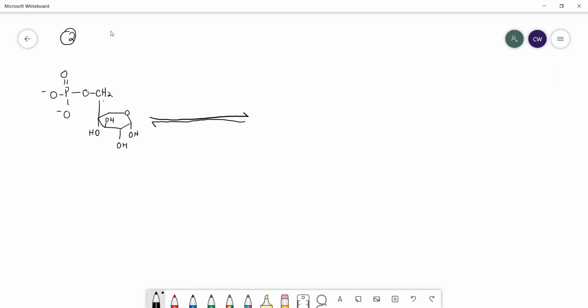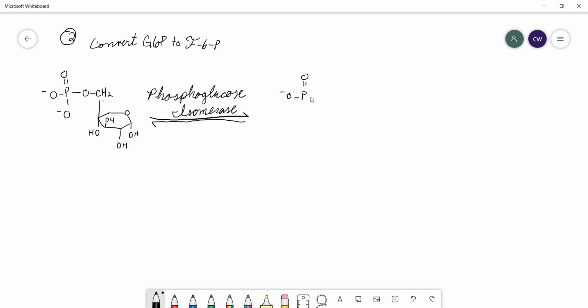So that is our second reaction step. And this is done by the enzyme phosphoglucose isomerase. And so what we get out of this is fructose 6-phosphate. It's still 6-phosphate.